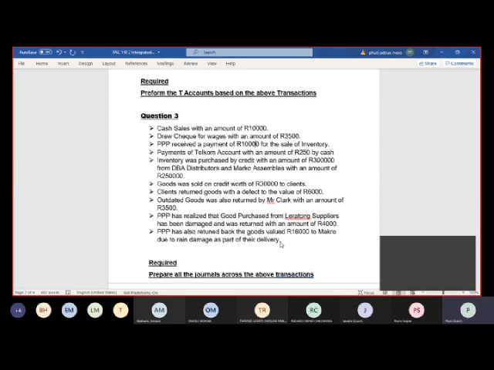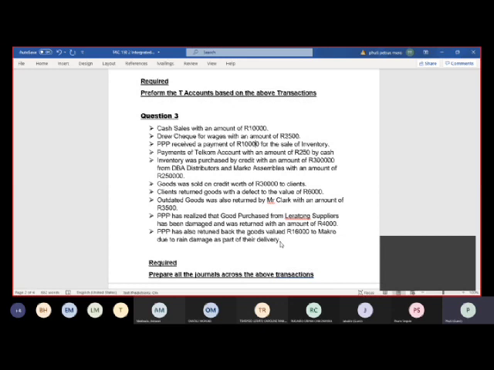I'm saying the VAT amount is 1,500, which we put on the VAT. It's an output because it's a sale. So basically you'd say 10,000 multiplied by 15 divided by 115.